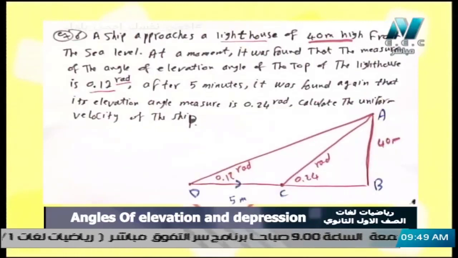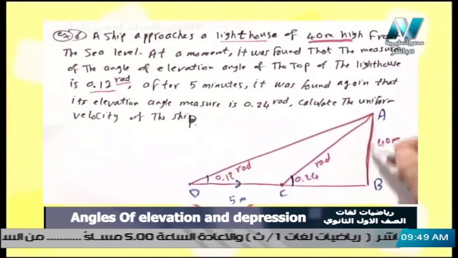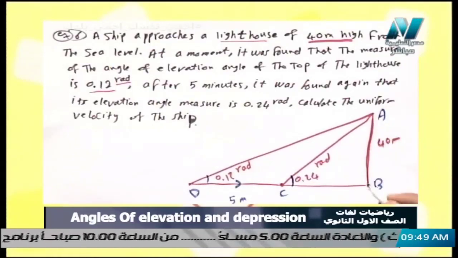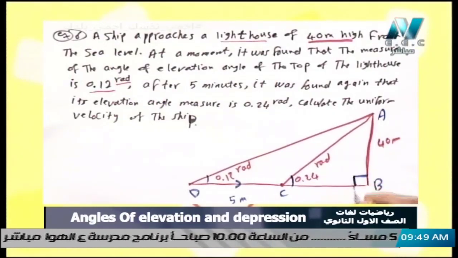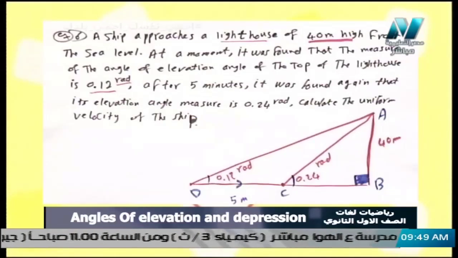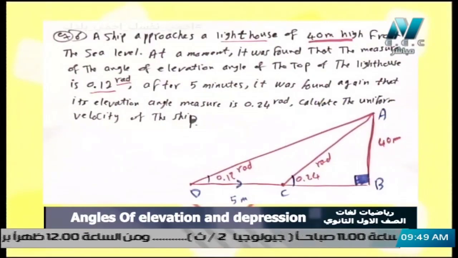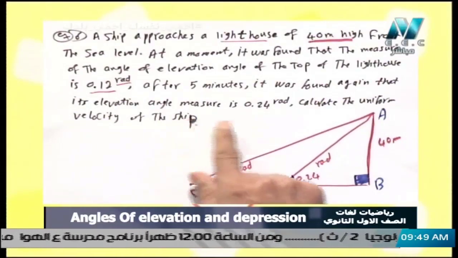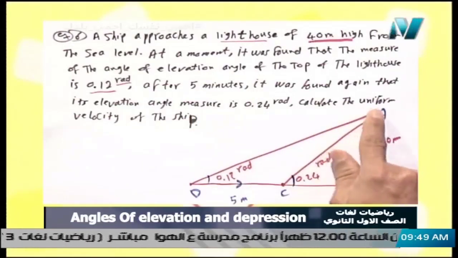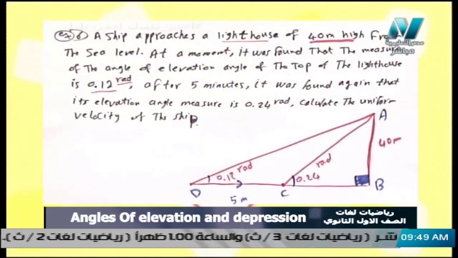We have two angles and an opposite side, which is AB, and of course a right angle triangle, and we would like to calculate the uniform velocity, the velocity of the ship.